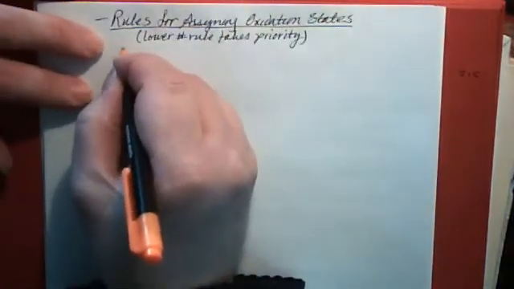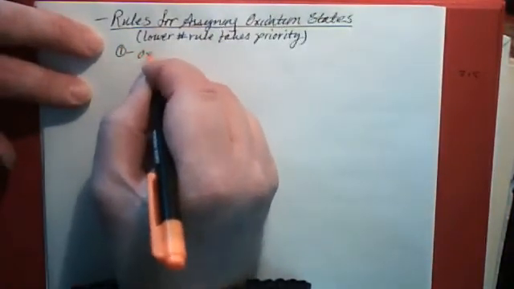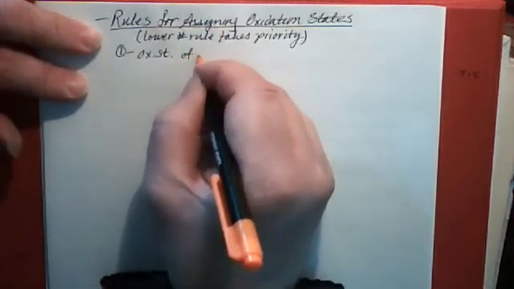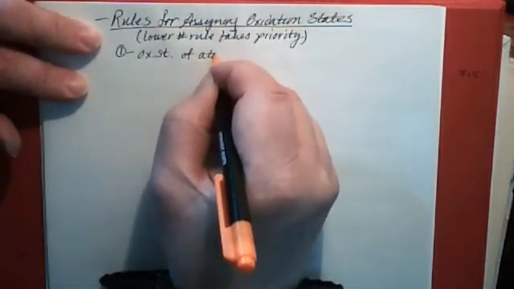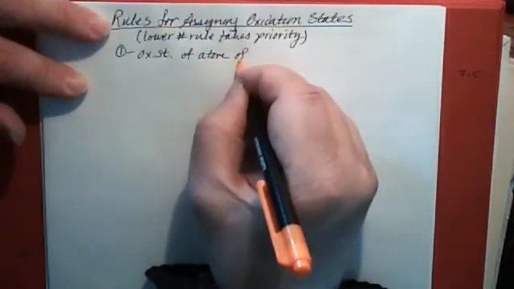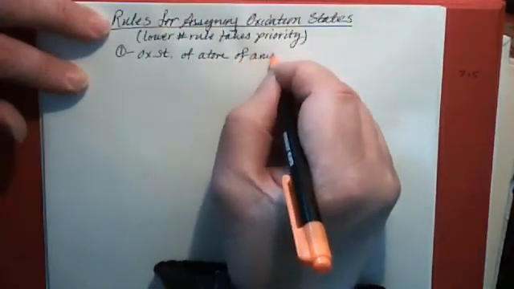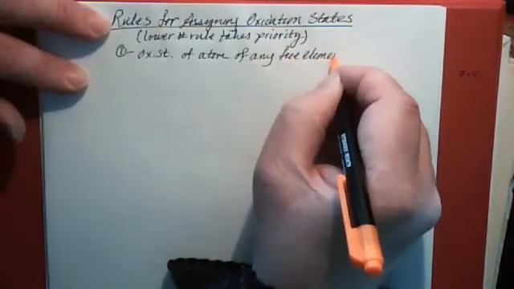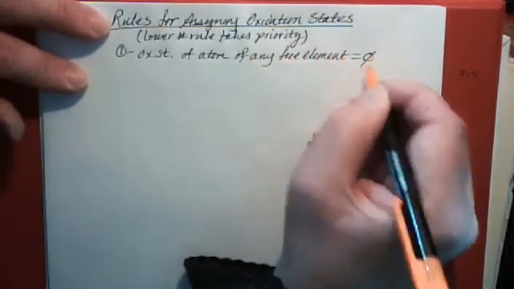Rule number 1 is that the oxidation state of an atom of any free element would be 0.